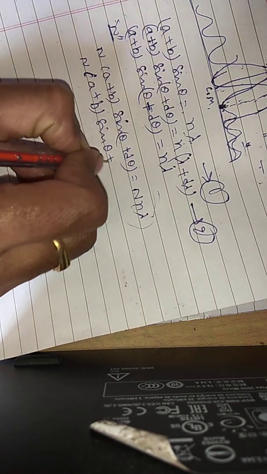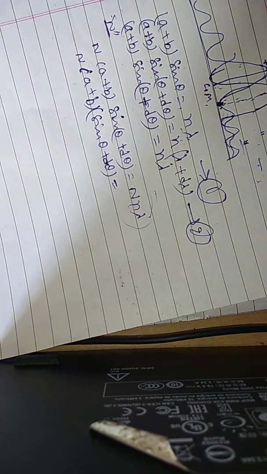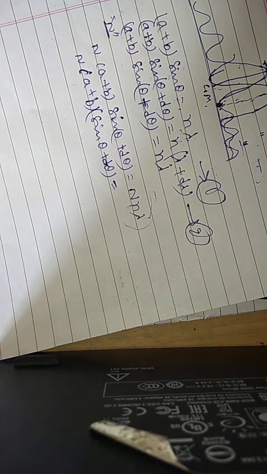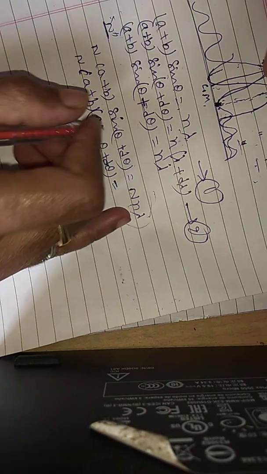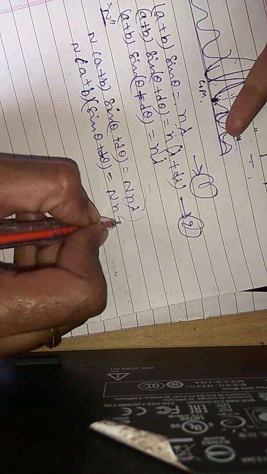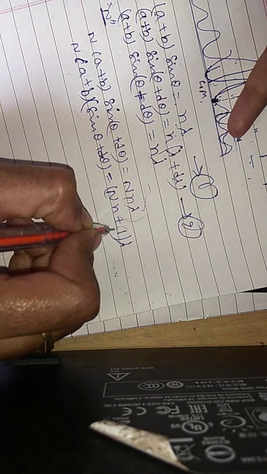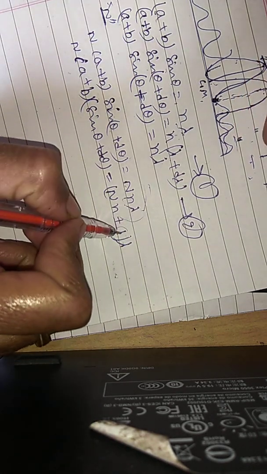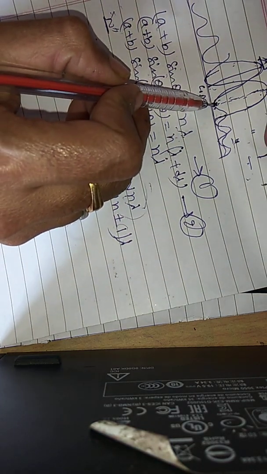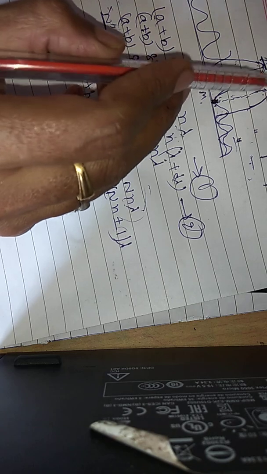(a plus b) sin theta plus d theta is equal to (n plus or minus 1) by n lambda. The 1 is added because the minima coincides with the central maxima of the second wavelength.